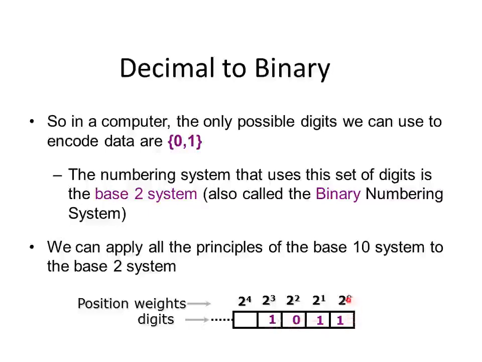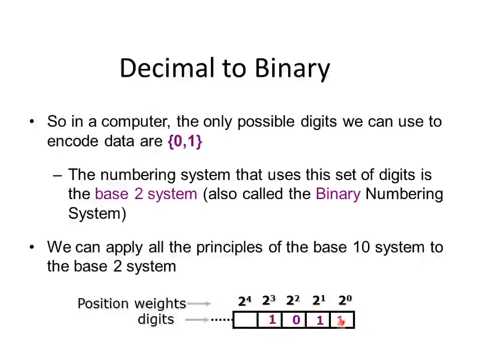In the decimal number system, we assign 10 to the power 0, 10 to the power 1 and so on. In the decimal number system, all the position weights are multiples of ten, but in this case the base is 2, so in the binary number system the positions will be 2 to the power 0, 2 to the power 1, 2 to the power 2, 2 to the power 3, 2 to the power 4 and so on.